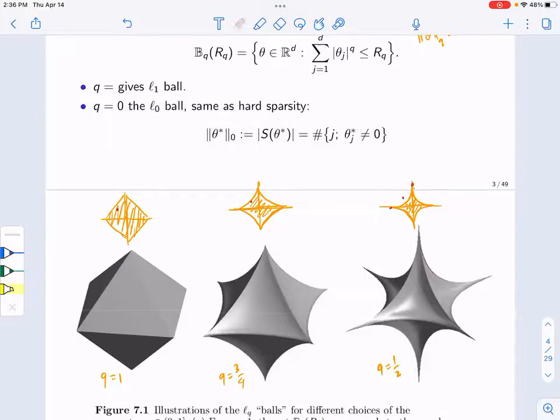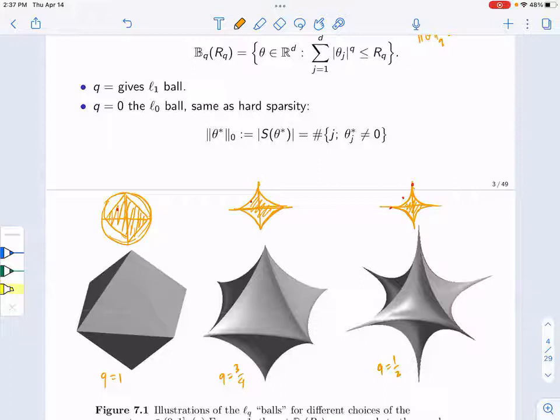L2 would be like this, so it's even bigger. And you can see as you decrease the q, the vectors in the unit Lq ball get sparser and sparser. Things that are dense, for example, have to be very small. All the entries have to be very small. Okay. And that's the intuition why this is a good measure of sparsity.